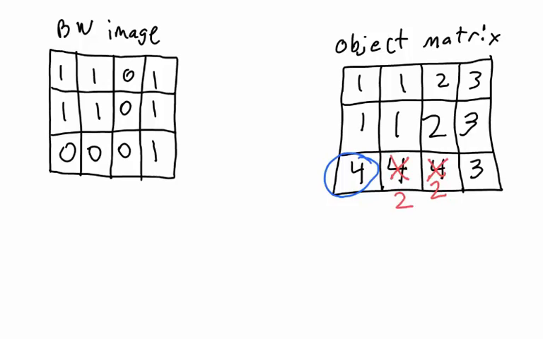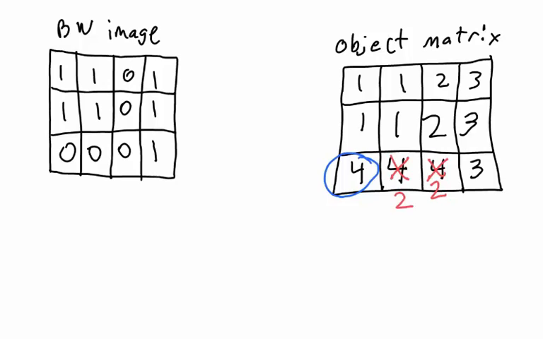Once we're finished with the object labeling algorithm, we can determine all different kinds of things about the objects in our image. We can tell how many objects there are by looking at the maximum value in the object matrix. We can also tell things like the size of the objects in our image.